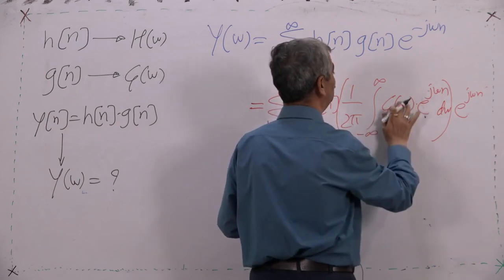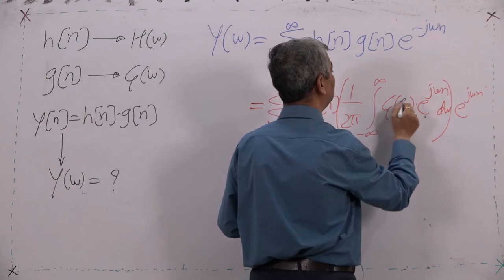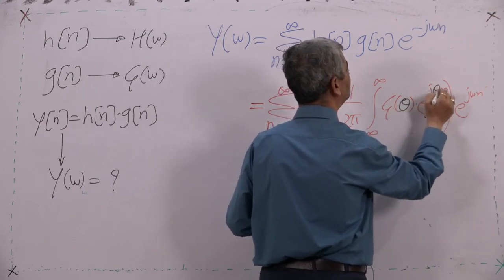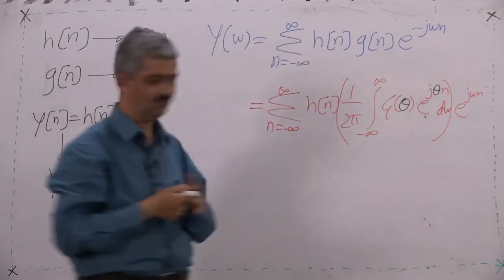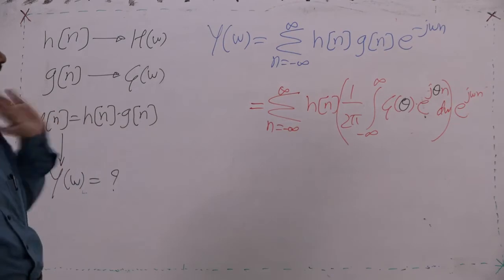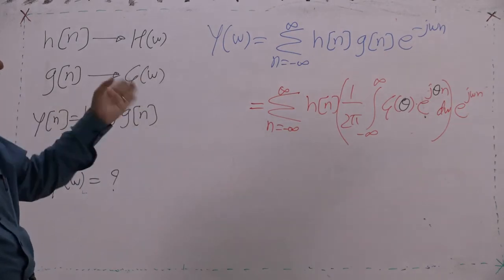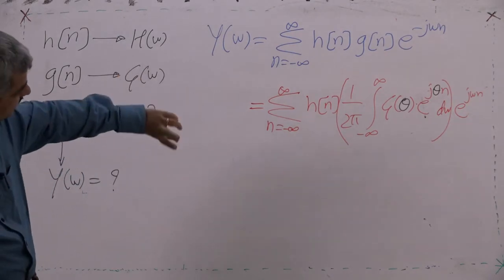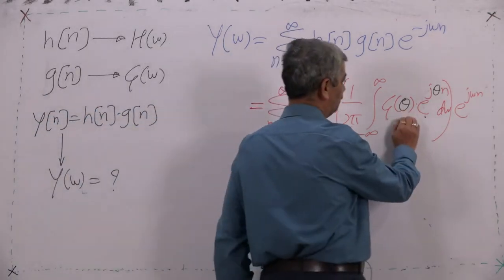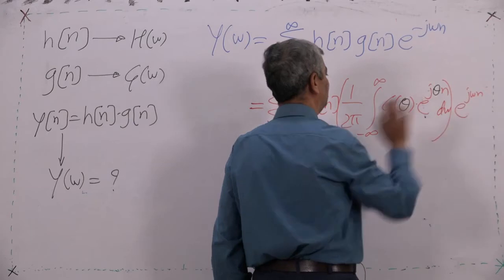So we use G(theta) e raised to j theta n. One variable should not be the same as the other. We are integrating here over theta.